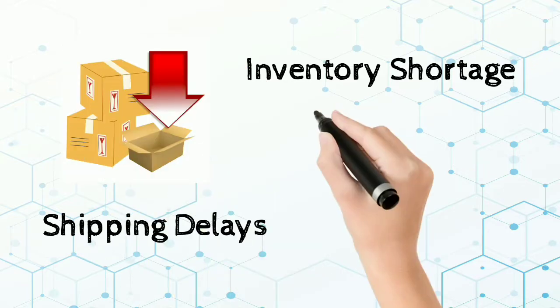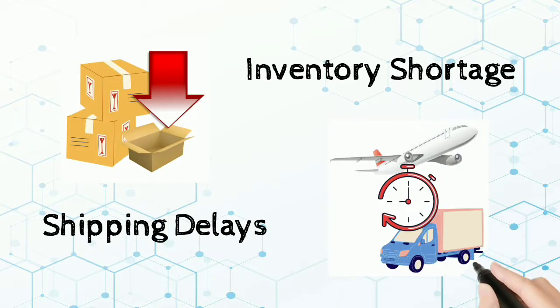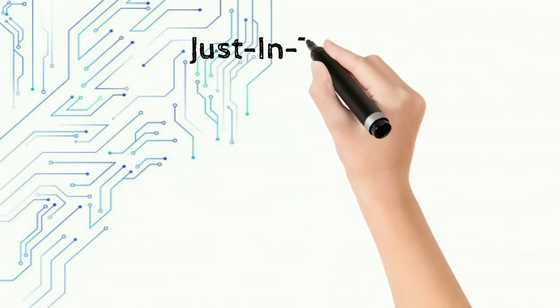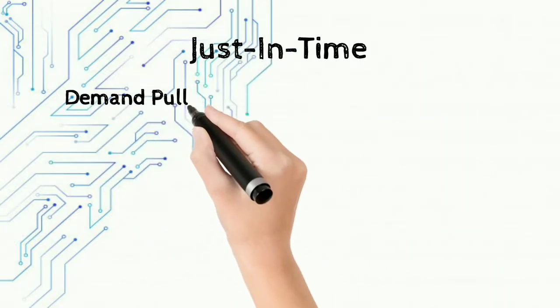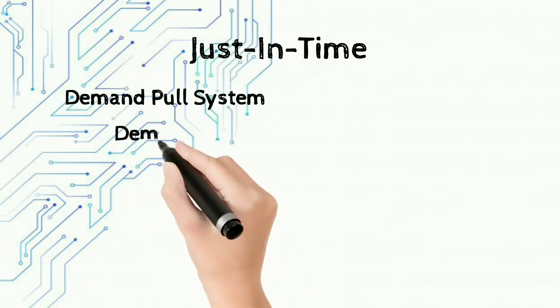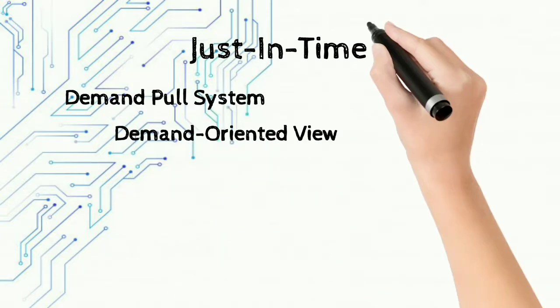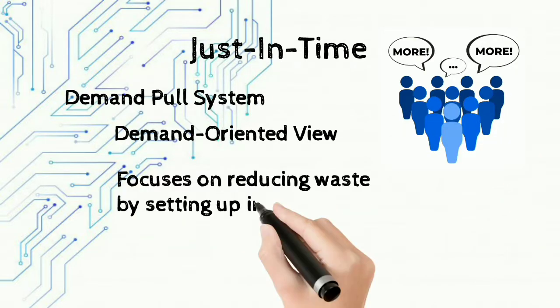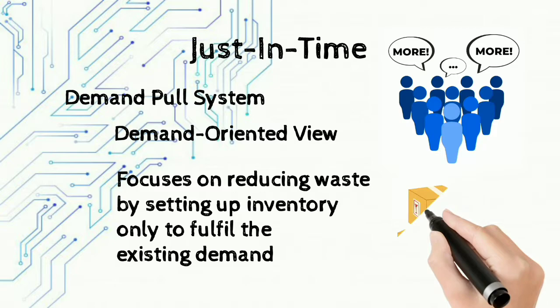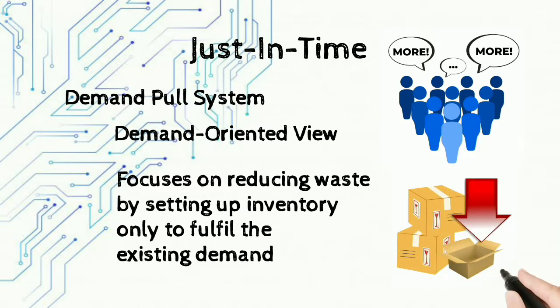For the first difference, the just-in-time manufacturing system is using a demand pull system. A demand pull system is a demand-oriented view and it only focuses on reducing waste, like a large amount of inventory, by only setting up inventory to meet the existing demand.